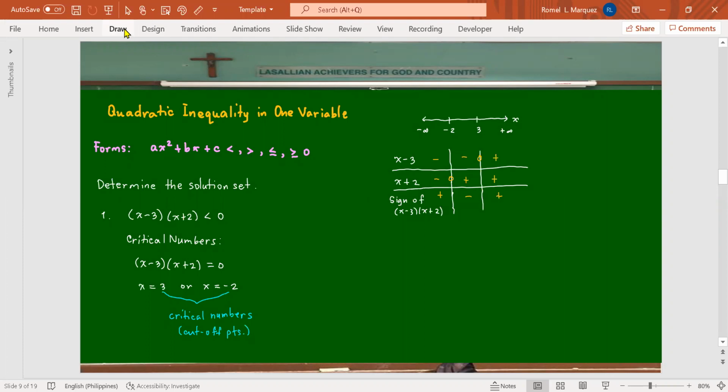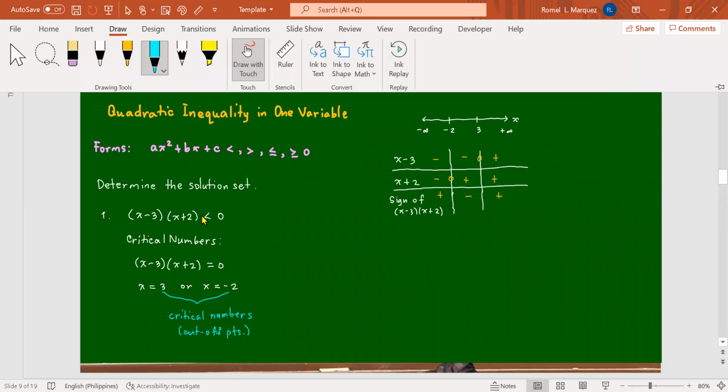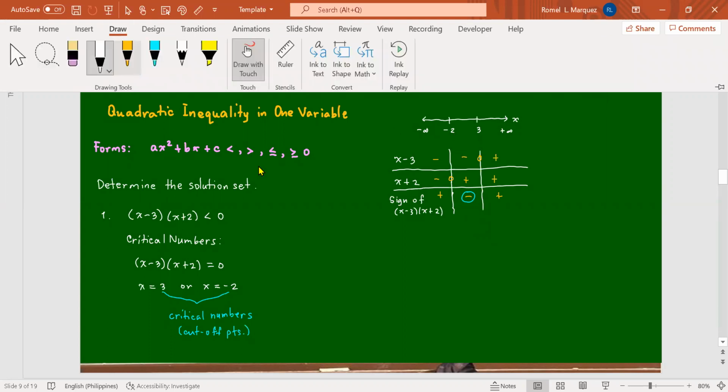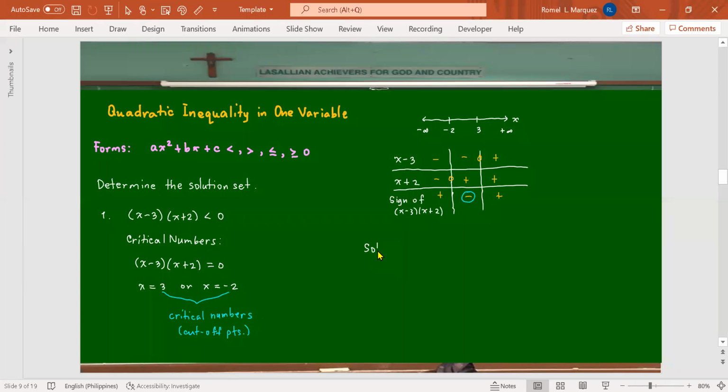What we really want is for the product to be less than 0. When is it less than 0? When the product is negative. Am I correct, children? Therefore, in what interval? Negative 2 to 3. What is now the solution set? The collection of all x such that x is between negative 2 and positive 3.